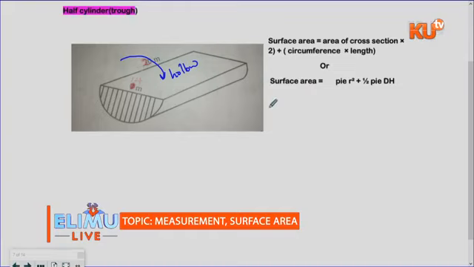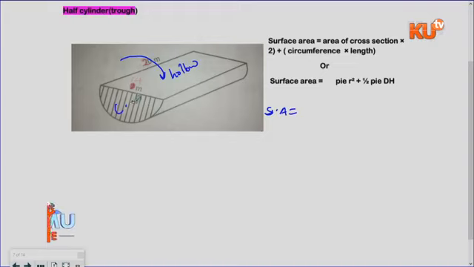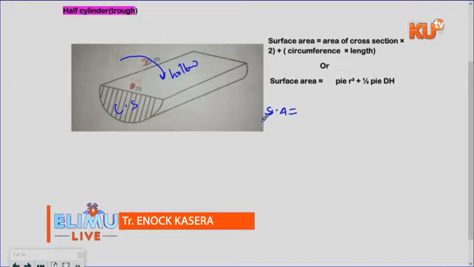So you come here, you say surface area is equal to the area of the cross section. Now our cross section here is this one here. So the cross section is half a circle. So how do you find the area of half a circle?